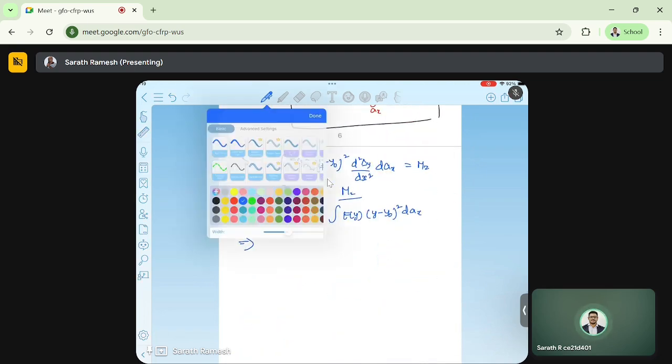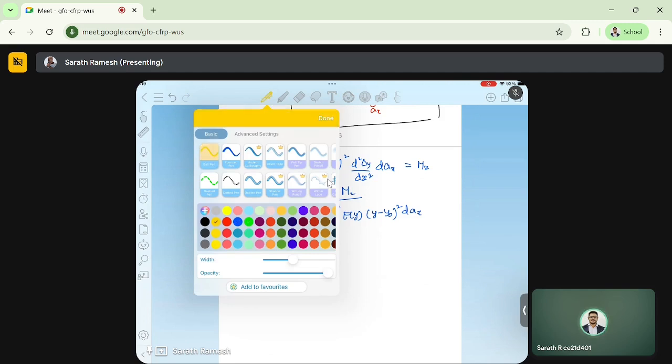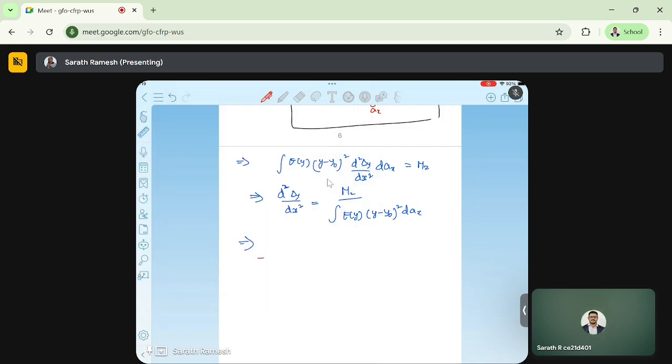So the modified bending equation, yeah, in red: minus sigma xx by E of y into (y minus y naught) is equal to d square delta y by dx square, equal to mg divided by integral E of y (y minus y naught) the whole square dAx.